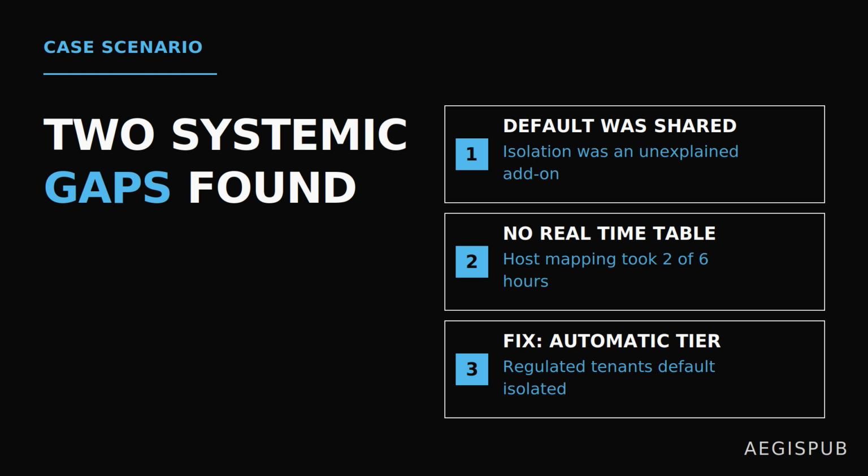The recommendation is to build a continuously maintained, queryable host allocation database that includes customer regulatory classification, workload sensitivity, and current physical host assignment, so that in any future incident requiring rapid triage of co-tenancy risk, the classification can be completed in minutes rather than hours.